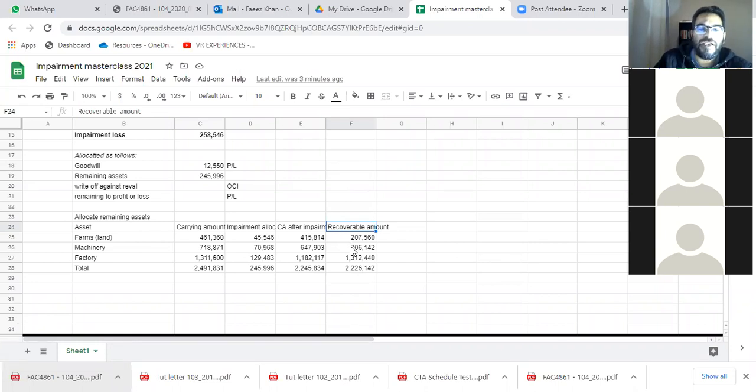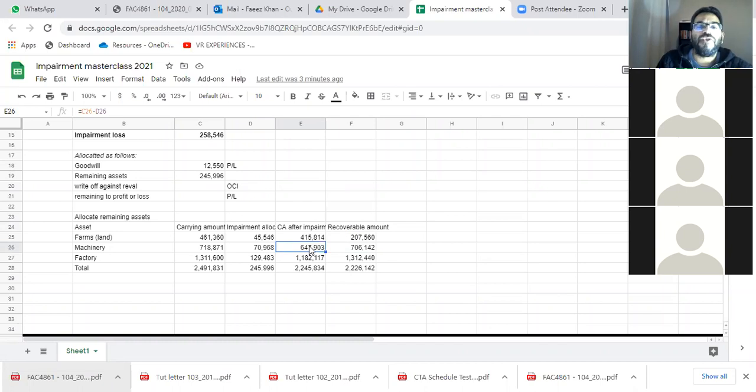Here you can see for the machinery and for the factory, the carrying amount was reduced below its recoverable amount.